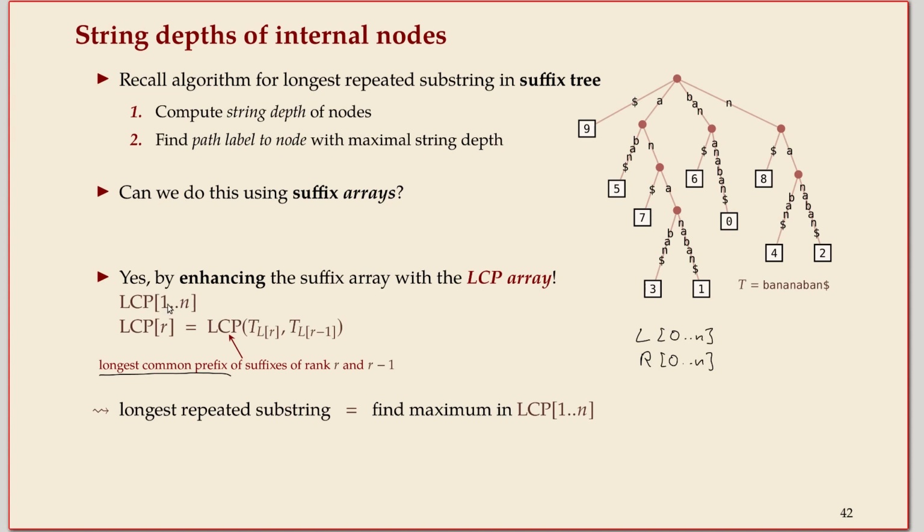The LCP array starts 1 later, and the reason is that the rth entry in the LCP array is the longest common prefix, or the length of the longest common prefix. I should really say length of. It's the length of the longest common prefix of 2 suffixes, namely the rth smallest one in lexicographic order and the one that precedes it in lexicographic order. I have a picture and an example on the next slide.